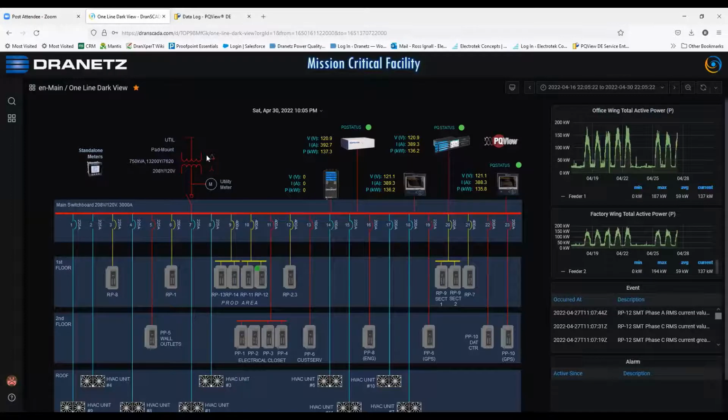Okay, thank you. This is live monitoring from our Dranetz software, and this is the demand curve over the last 7 days. This is a demonstration site we have at our factory in New Jersey, and we're looking at the main bus coming in from our utility, Public Service Electric and Gas. We operate about 7, 8, 9 hours a day, maybe 10.